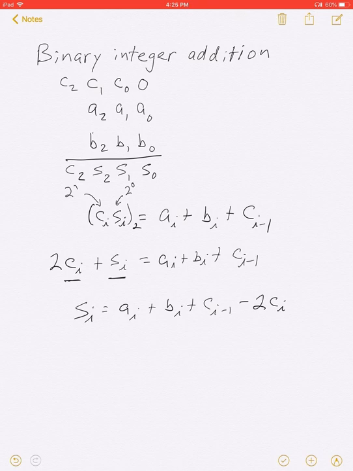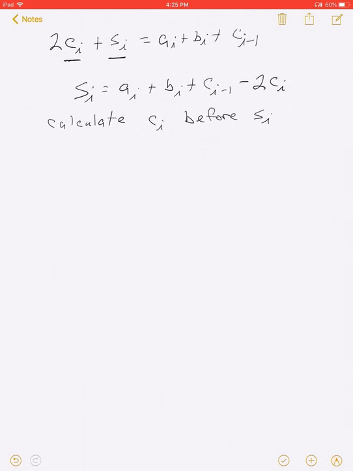So actually, I need to calculate Ci first. So we'll come back to this equation in just a minute. Calculate Ci before Si. Well, what is Ci equal to?